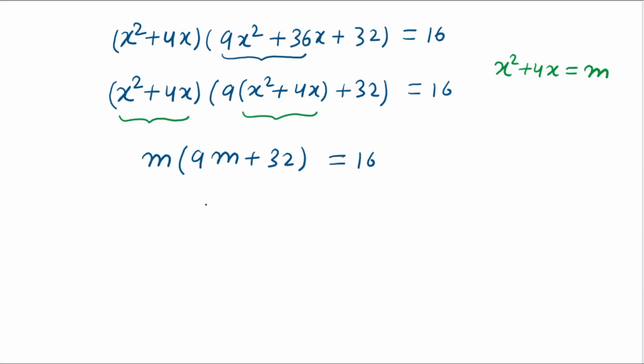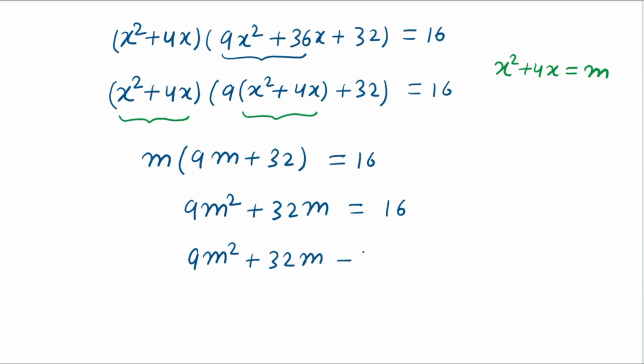This m is multiplied by 9m, 9m square, plus m is multiplied by 32, this is 32m, and this is equal to 16. Now if we take all the expressions on the same side, then 9m square plus 32m minus 16 is equal to 0.